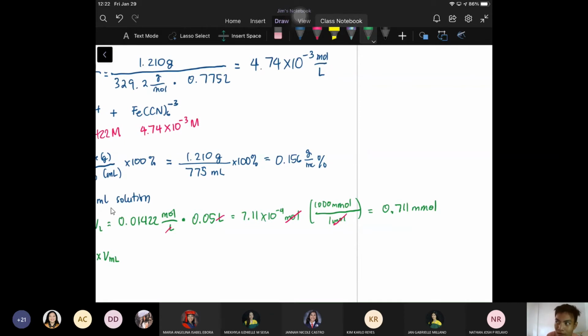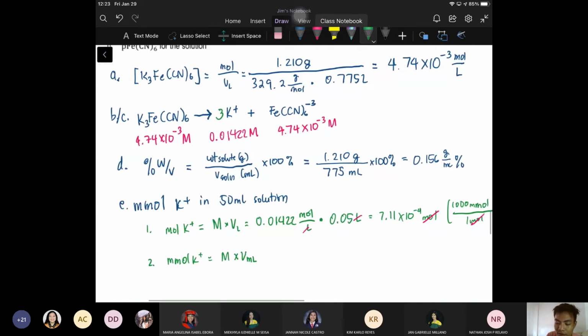And then later on sa calculation natin, we multiplied it again by another 1,000. Okay? So, multiplying it and dividing it by 1,000, ibig sabihin nun, magka-cancel lang yung dalawa. No? Magka-cancel lang yung parehas na 1,000. Okay? So, ito yung shortcut.